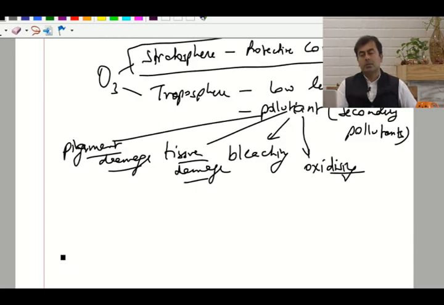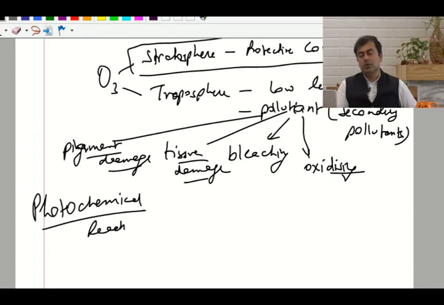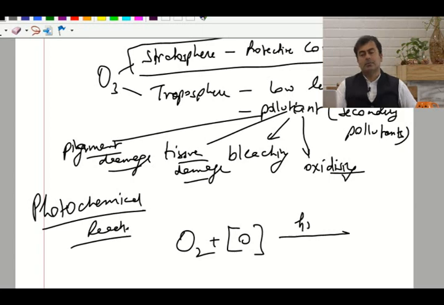Get that? How is it formed? It is a photochemical reaction. Oxygen in stratosphere plus nascent oxygen in stratosphere, in the presence of sunlight, it is photochemical, means sunlight, turns into ozone.